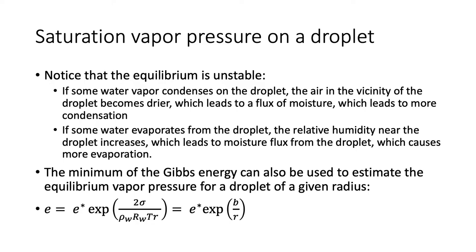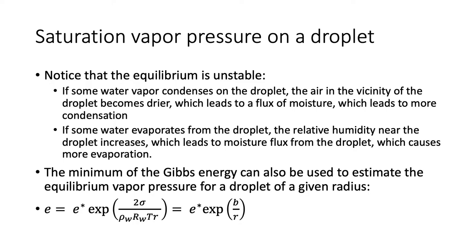Okay, we can also turn this around and say that starting from the critical radius, we can also figure out what is the equilibrium vapor pressure for a droplet of a given radius. So inside of the box, the vapor pressure is at saturation, right? Because this is what we assumed. And E was the vapor pressure on the droplet. Now, what is this vapor pressure?